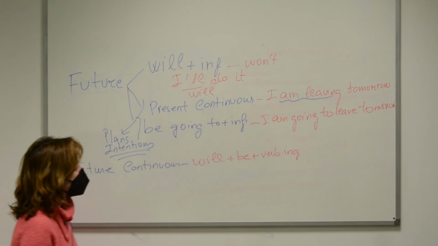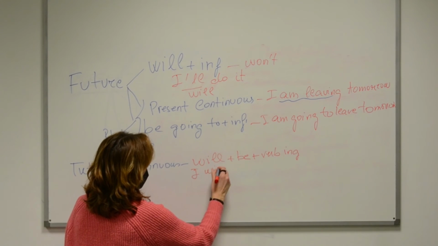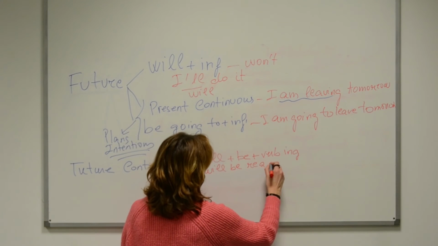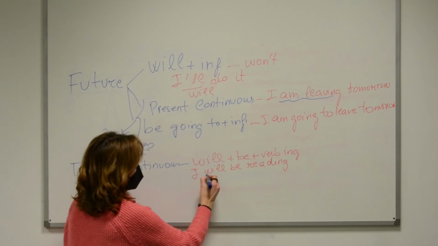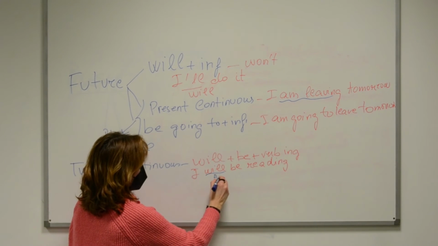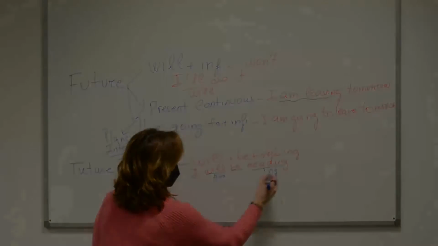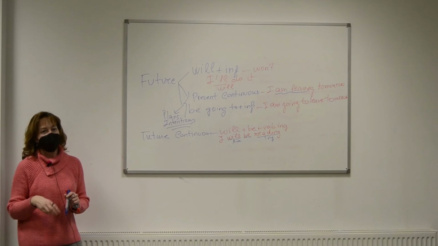For example, I will be reading. This is the auxiliary of the future, the verb to be, and the ing form. I will be reading. A durative action in the future.